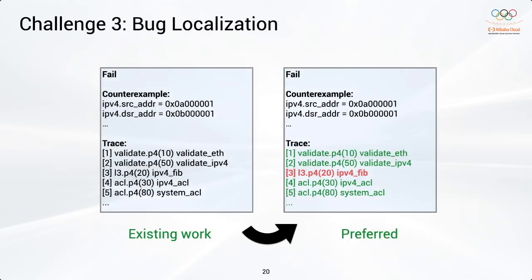The next challenge is about bug localization. When the verification task fails, only printing a counterexample and a bug trace is not enough. In our production programs, the bug trace contains over 100 steps, and it's still very hard for developers to localize the bug.